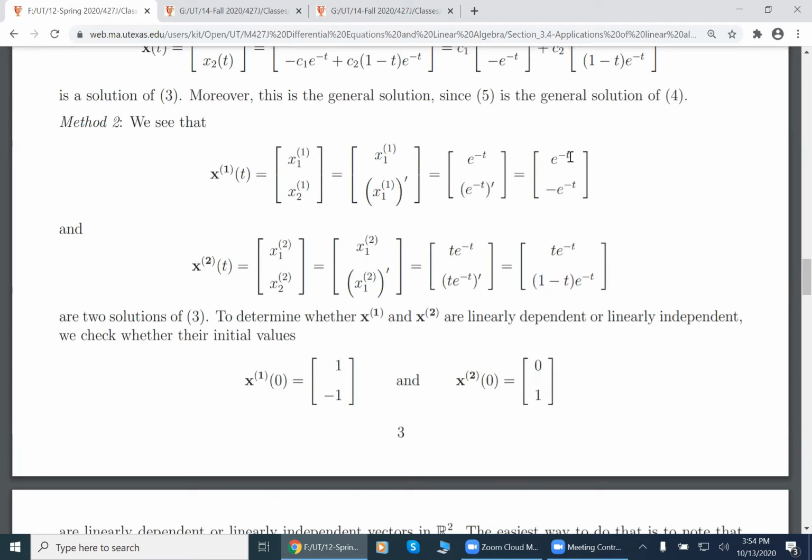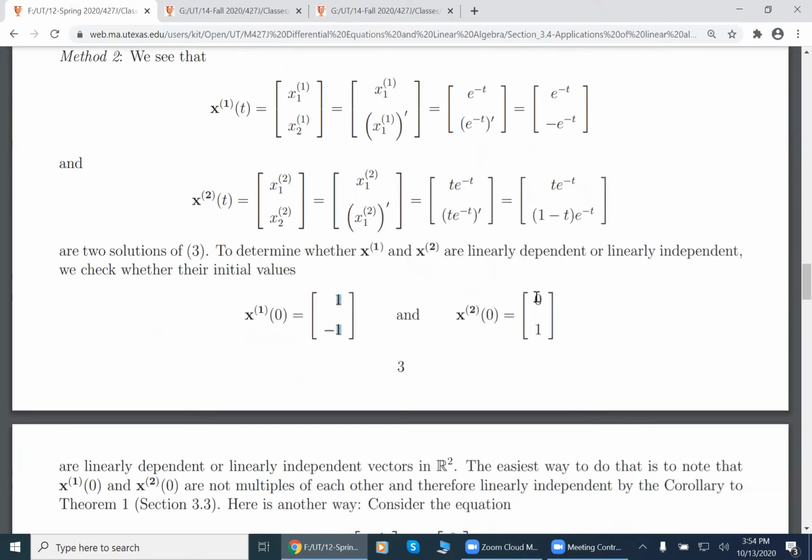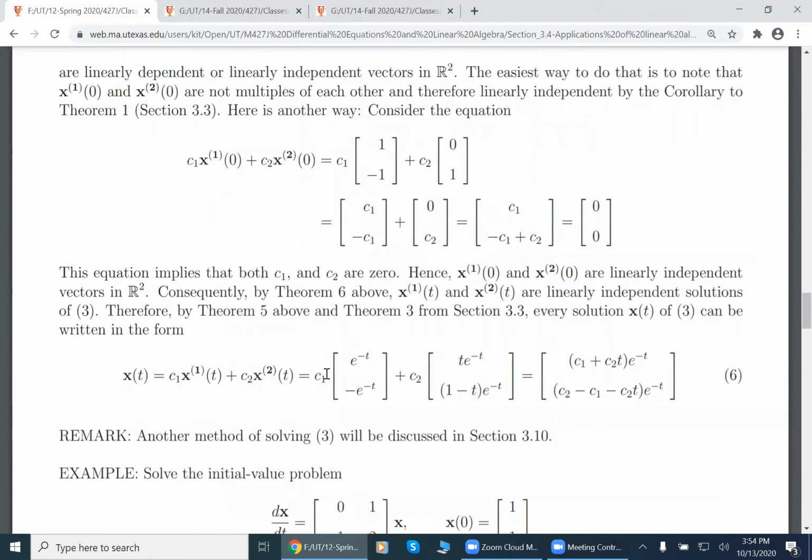We plug in a convenient number instead of t here, here, everywhere. We get this and this, t is 0. Then, since these two matrix columns are not constant multiples of each other, these two matrix columns are linearly independent, and therefore these two matrix columns are linearly independent. Therefore, this is the general solution.